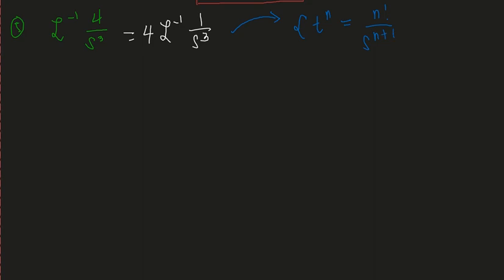So, sa aton diri nga problem, ang aton nga s raised to n plus 1 is equal to, so aton denominator which is s to 3. So, we have n plus 1 naton is equal to 3. So, n gali naton is equal to 2. So, we have n is equal to 2.